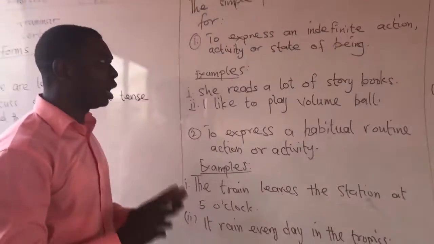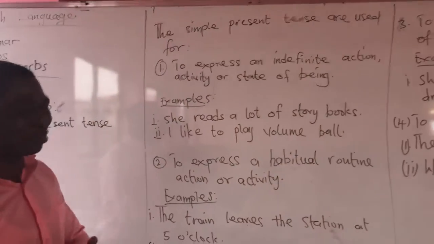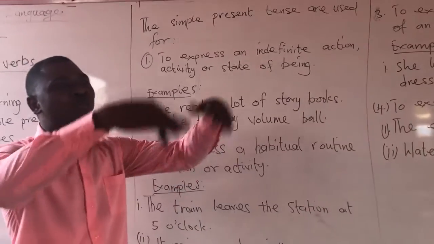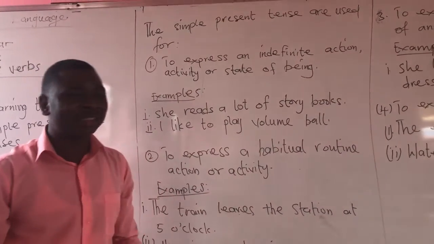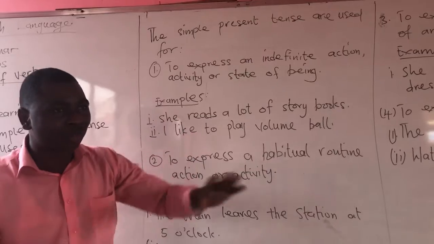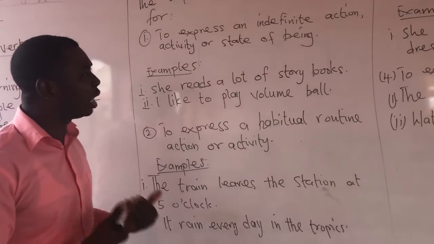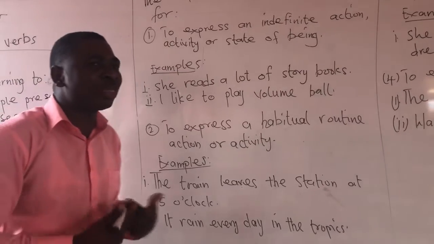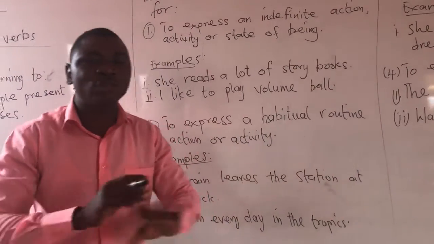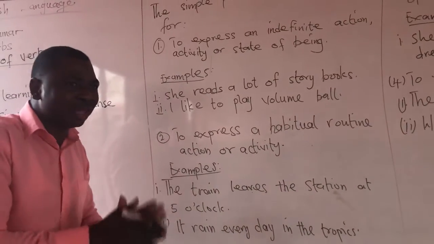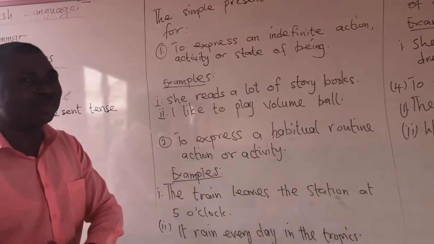Indefinite means something that moves on without an end. So in our daily activity, some things go on. They have no end. So we use the present tense for those activities.